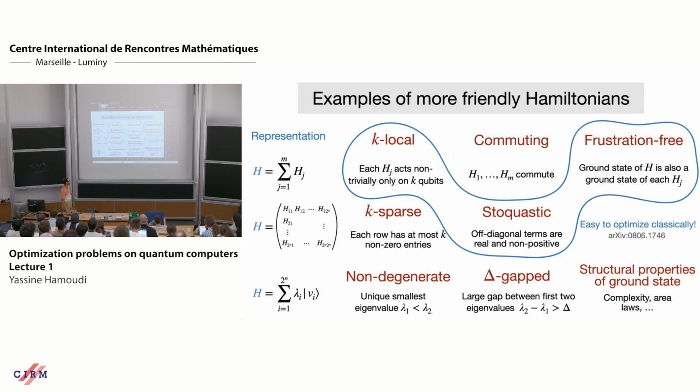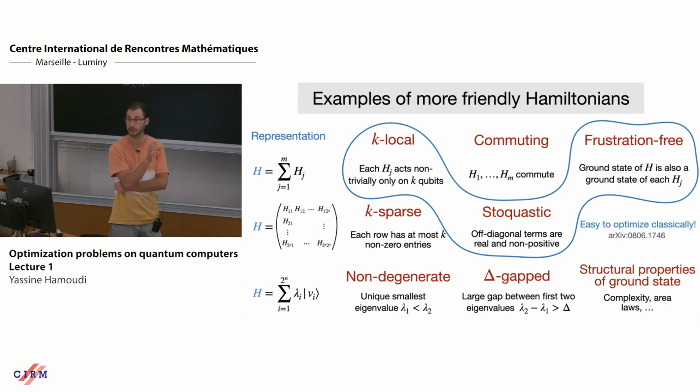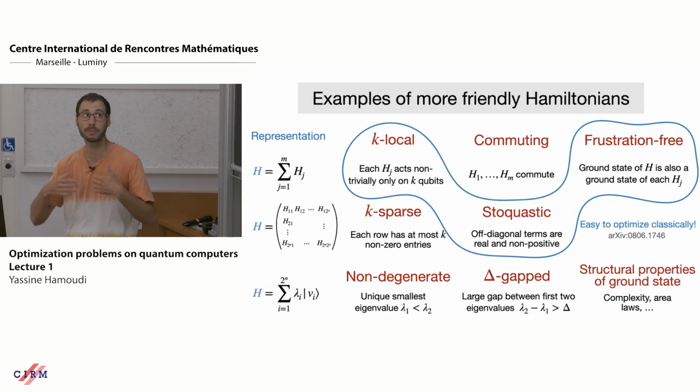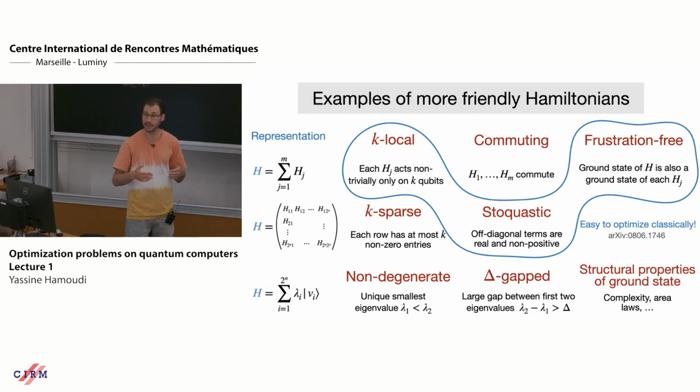So let's imagine that you try to optimize, so find the ground state of a Hamiltonian which is k-local, stochastic, and frustration-free. Well, it turned out that this particular set of assumptions actually makes the problem classically easy as well. Okay, so you shouldn't make too many assumptions, right? It's really all about finding the right set of assumptions which makes the question non-trivial.